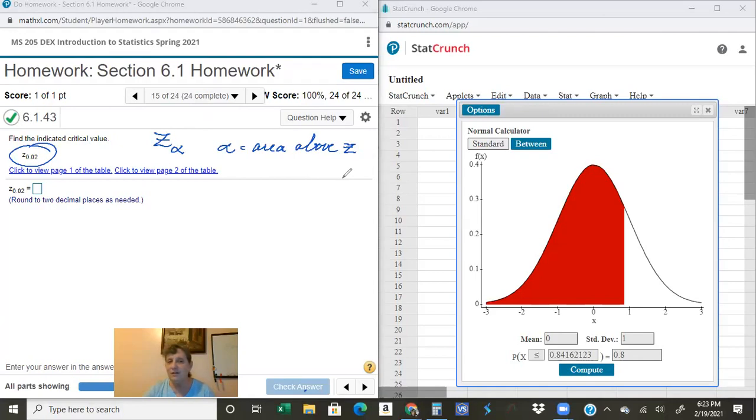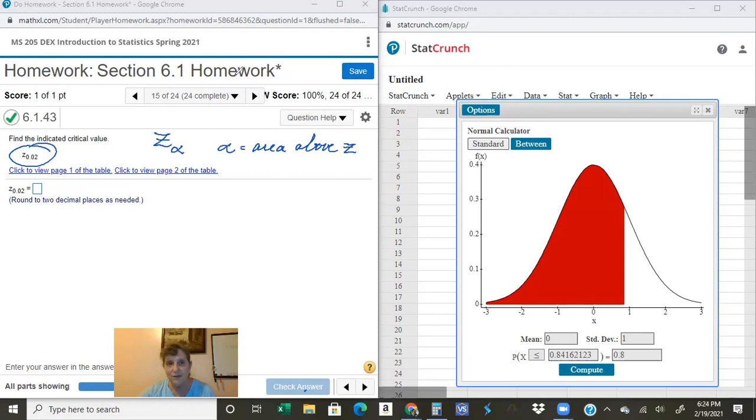Everything else has mostly been areas below a given value. This is going to be above. So the 0.02 means 2% of the area is above that Z value. And therefore 98% is below.